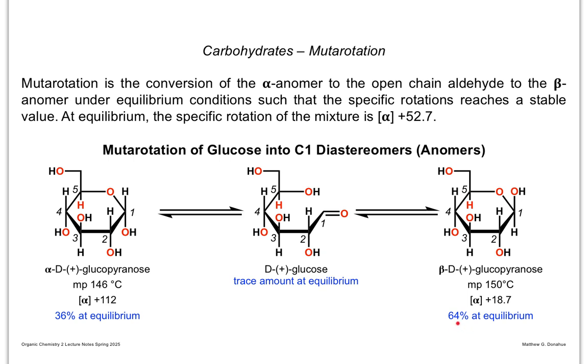You have the majority of it being the beta anomer, so 64%, and then 36% is the alpha. So at equilibrium, that mixture achieves a rotation of plus 52.7. If you took the pure alpha form, dissolved it and measured it right away, it would be plus 112. But over time, that plus 112 would converge to that number because you're getting these other two forms of it through that isomerization.